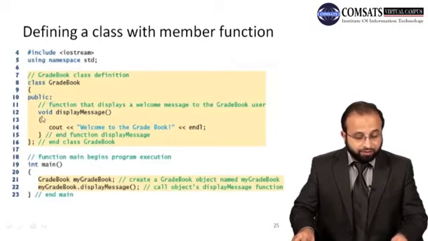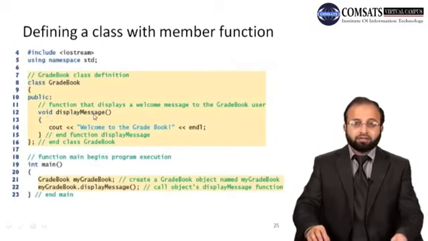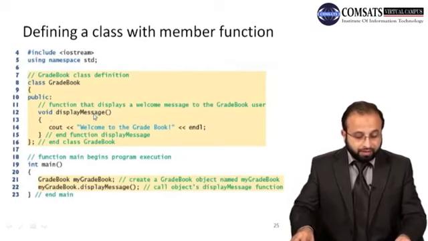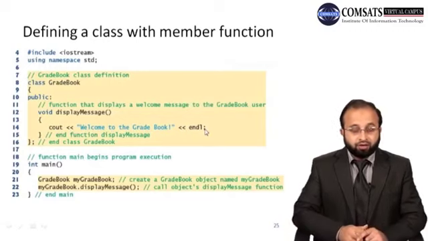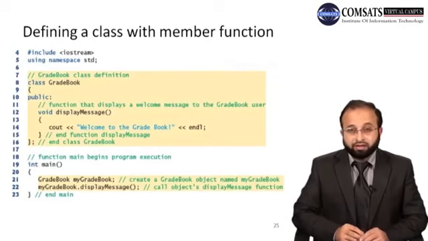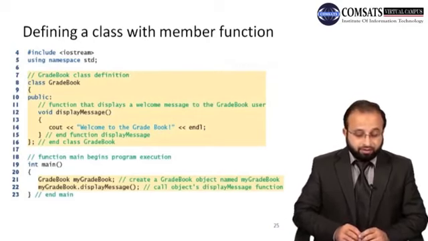Okay, so there is one function inside the class, and this is a very familiar function, void displayMessage. Then this is the opening bracket and closing bracket of the function, and there is one statement: cout, less than sign, welcome to GradBook, less than sign, endl, semicolon. Every C or C++ statement ends at a semicolon.